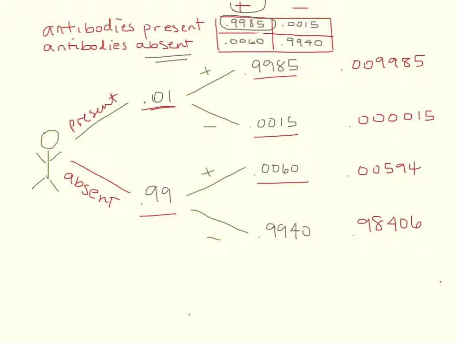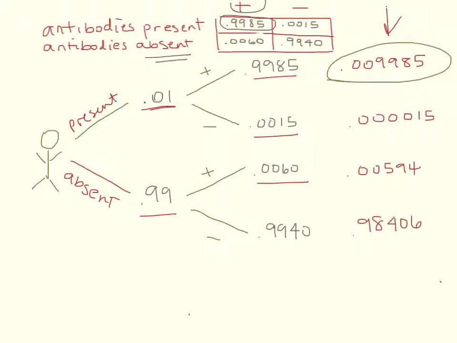So what are we looking at now? We want the probability that the person has the antibodies given that the test is positive. Which of these in this column represent where the test is positive?